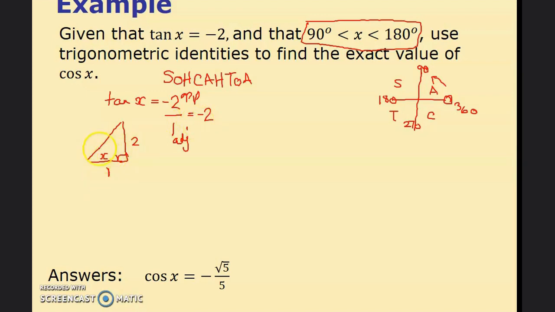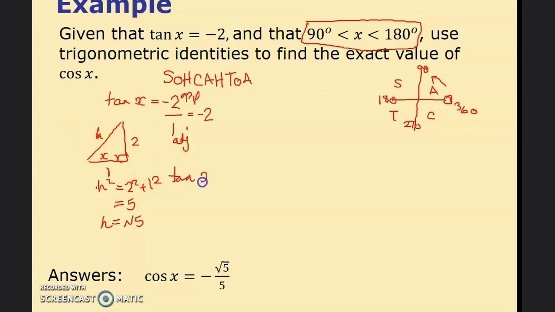What it shows you is that I can do a bit of Pythagoras here. If I want this distance here, which I'm going to call h for the hypotenuse, then h squared is 2 squared plus 1 squared, which is 5. And therefore h is root 5. That helps, because now I can find the ratio quite easily.